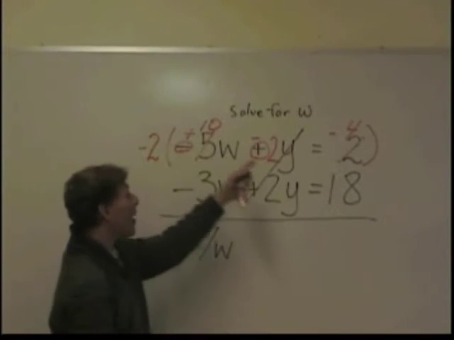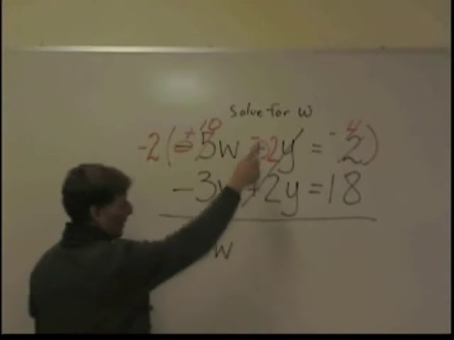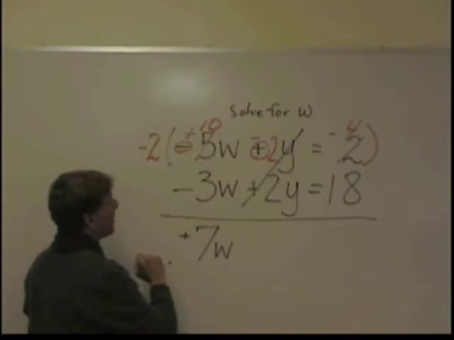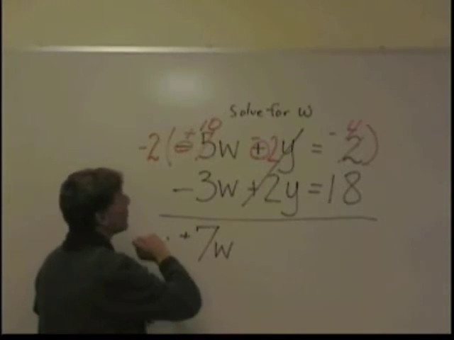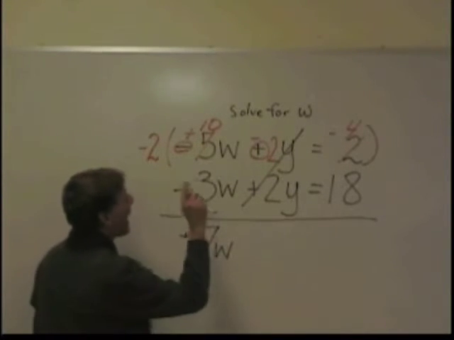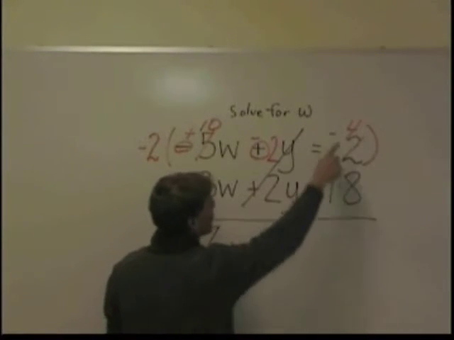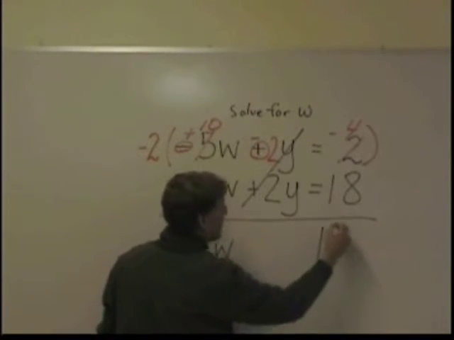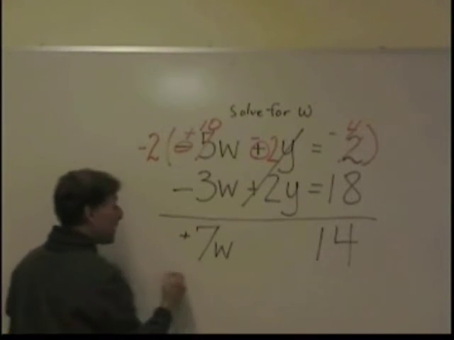That changed all the signs on the top row, allowing me to cancel that out, but it turned the -5 times -2 to +10, and the 2 times the -2 to -4. -4 and +18 gives me a +14.